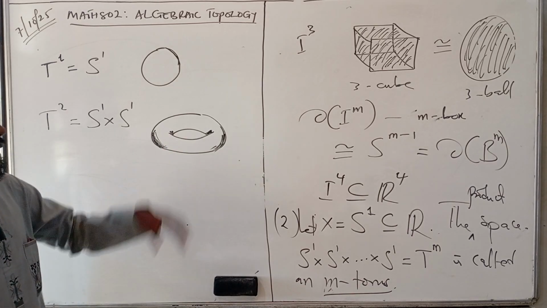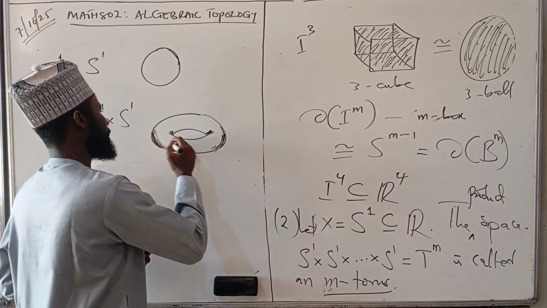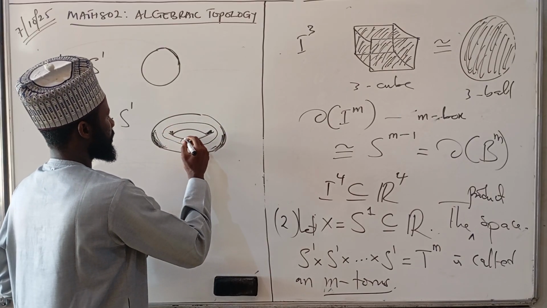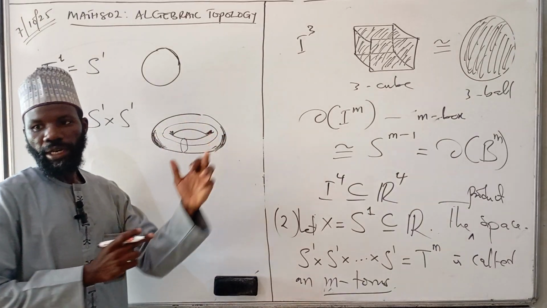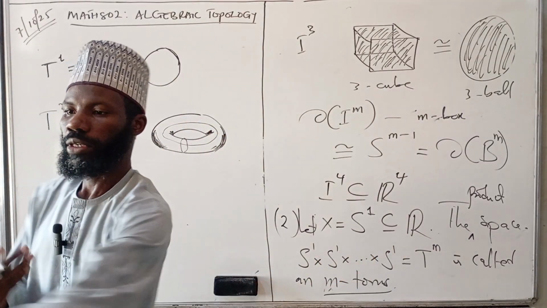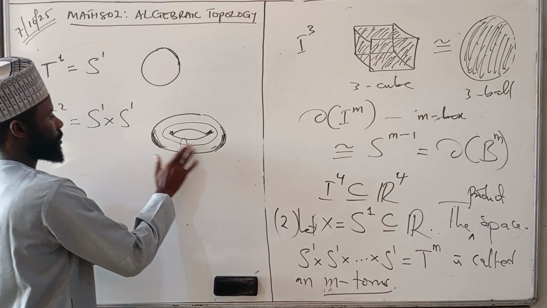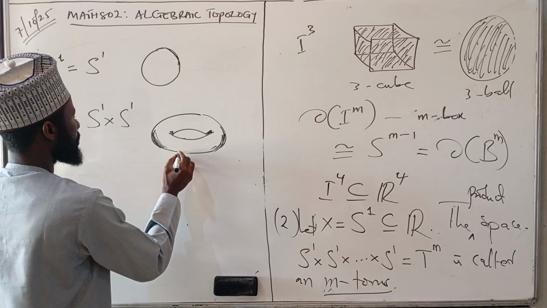Sometimes it's called a donut because of dimension 2. Imagine a cycle like this and a cycle like this, and you rotate this cycle around the other one. It sweeps out a surface, and so you have a donut. This is a torus of dimension 2.